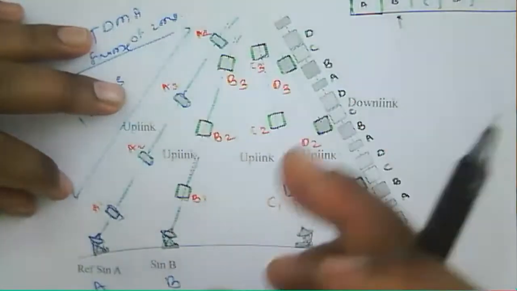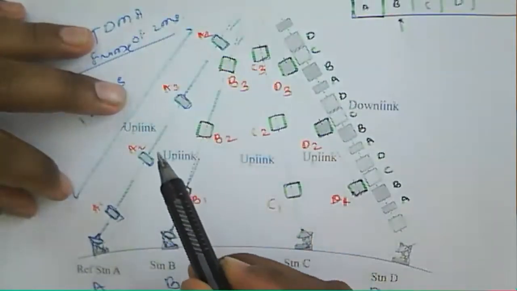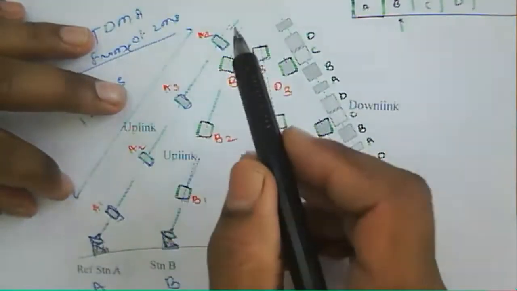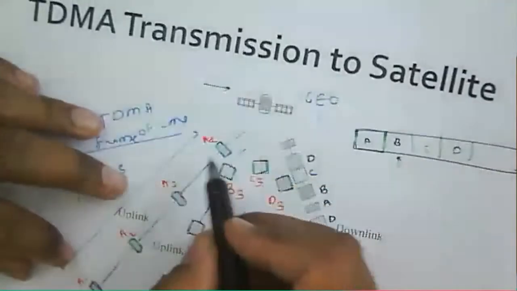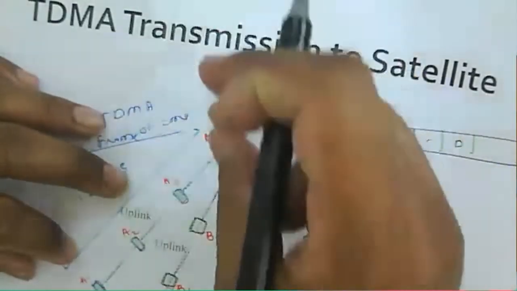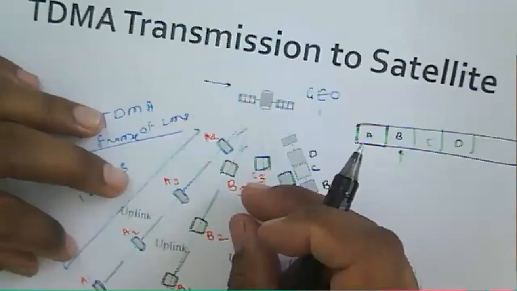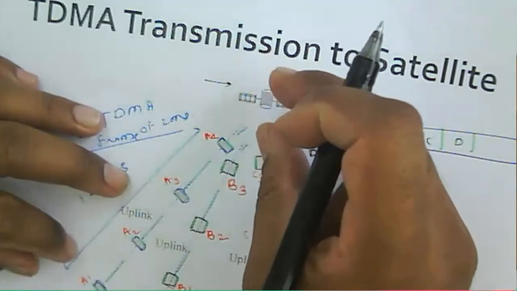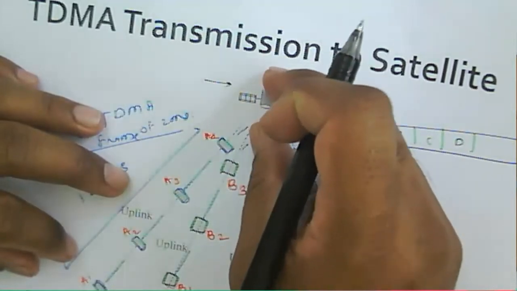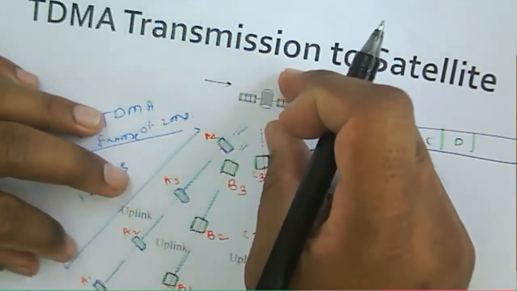Now that is about the ideal condition we consider. But sometimes there may be drifting of the satellite, or position changes of the satellite because of disturbance. So due to that disturbance, there may be a drift in the satellite position in the given orbit.